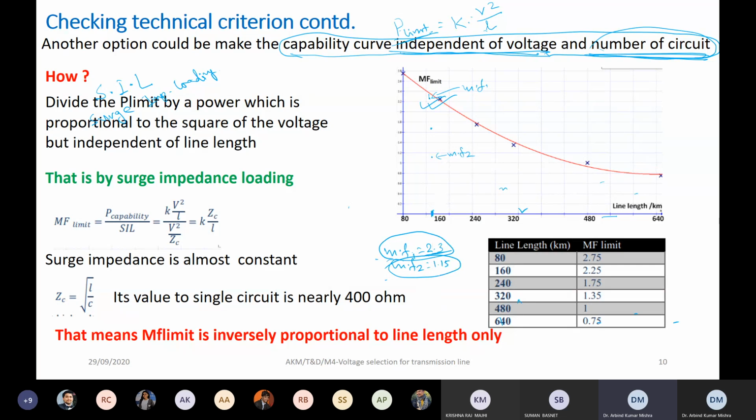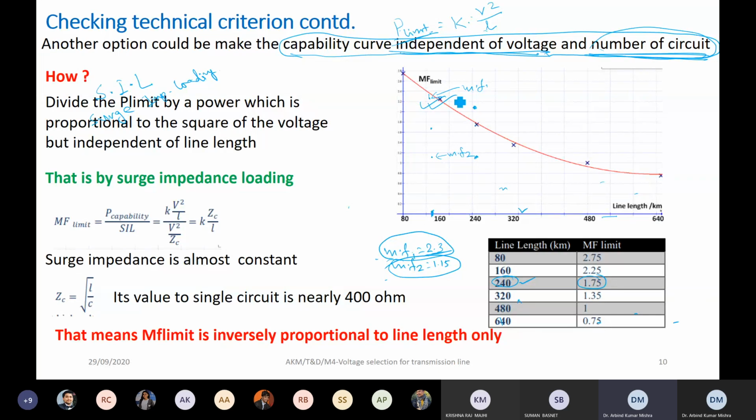But what could have been if this line was, say, 240 kilometers? If that 100 megawatt again has to be transmitted over a distance of 240 kilometers, then you can see that your MF1 would have been here and MF2 would have been somewhere again here.